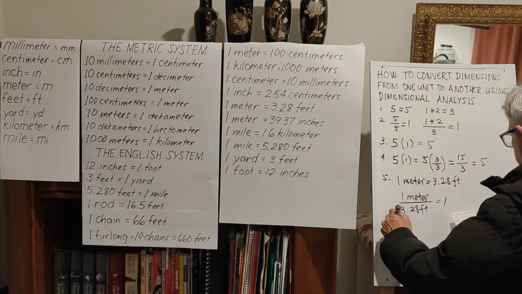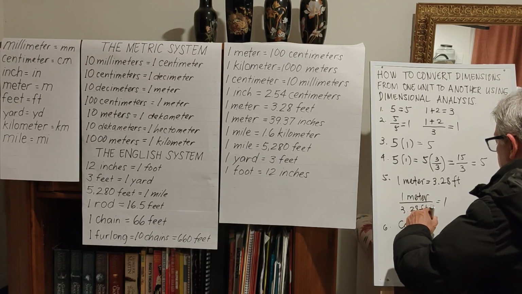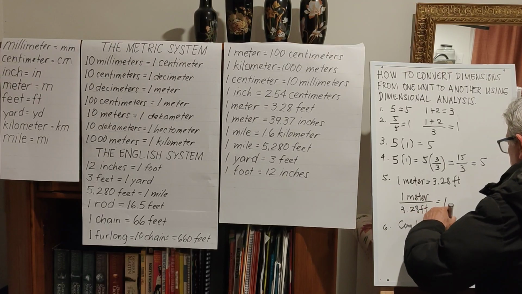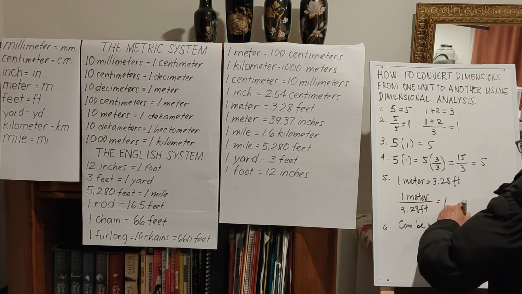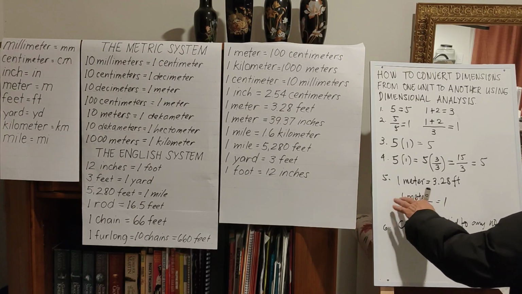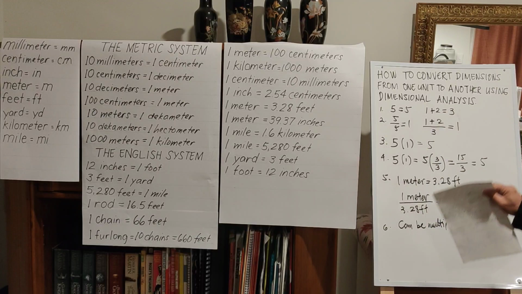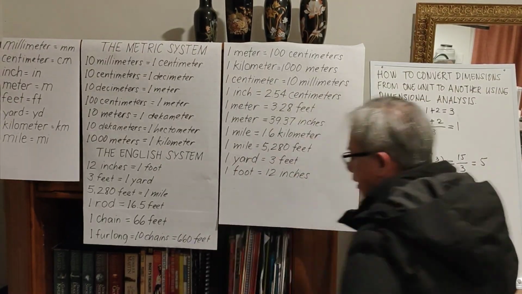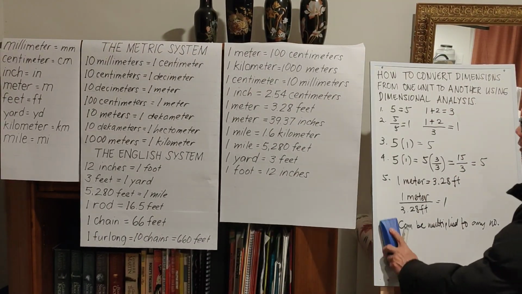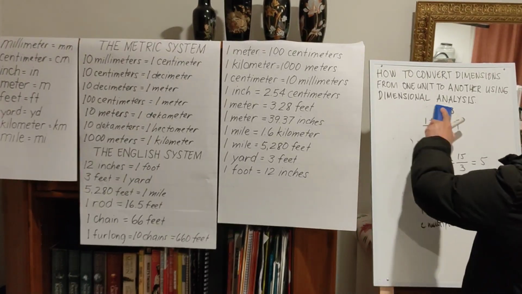So the conversions can be multiplied to any number. Now we will go to some examples to see these rules in use. We can start to give examples using dimensional analysis.